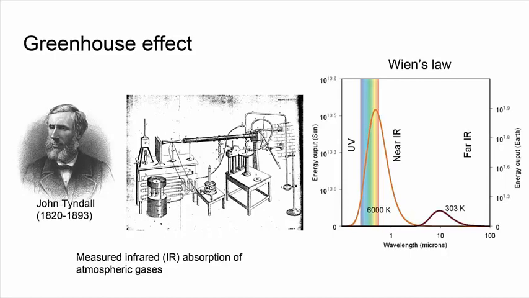This is showing you the visible spectrum of light, and its peak is right in the middle of this, in the visible range. Earth, at 303 Kelvin, around 15 degrees Celsius, peaks in this region here, which is the infrared, just under 10 microns. So that's why we're interested in infrared absorption by atmospheric gases.